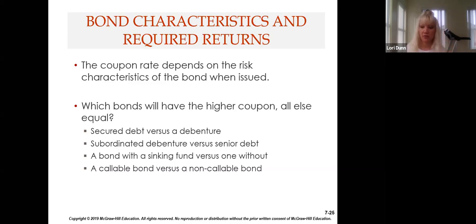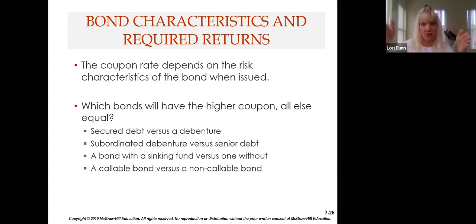You have to remember something, and this goes back to economics too. The longer the money is outstanding, the more risk associated with getting your money back. So the longer the time from the date of the sale of the bond to maturity, the more risk there is with the bondholder getting their money. So if there's a chance you could get your money early, there's less risk, so that coupon rate will tend to be lower.